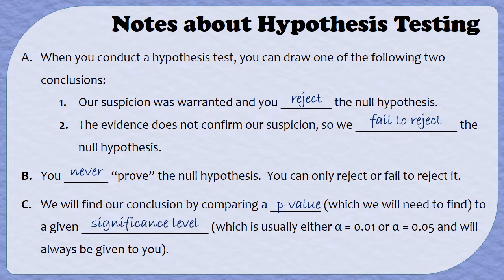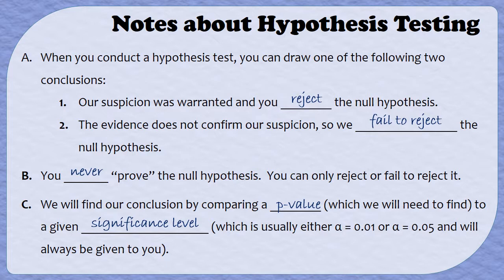They tend to use the 0.01. And we'll talk a little bit in a future video about why you might choose one of these levels over the other. But for our purposes, in our class, we'll be using either the 0.01 level or the 0.05, and I will always tell you which one to use.